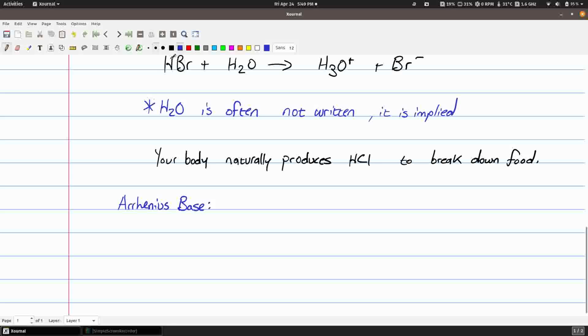An Arrhenius base dissociates in solution, forming hydroxide ions in solution.